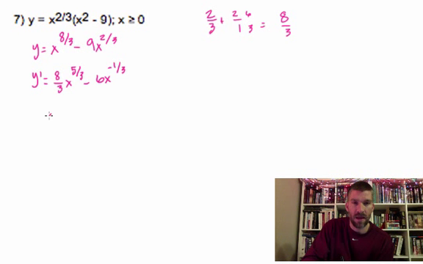So I'm going to factor out a 2x to the negative 1/3. Now remember, when you factor something out, you're subtracting. So 5 minus negative 1/3, that's going to be 5 plus 1/3, which is 16/3, which is... wait, 6/3, which is 2.